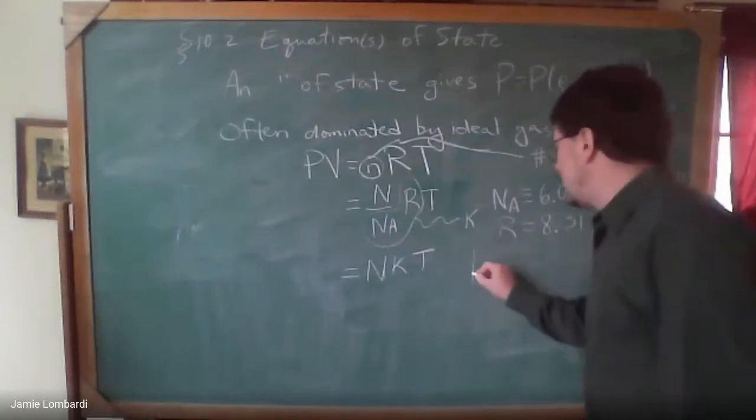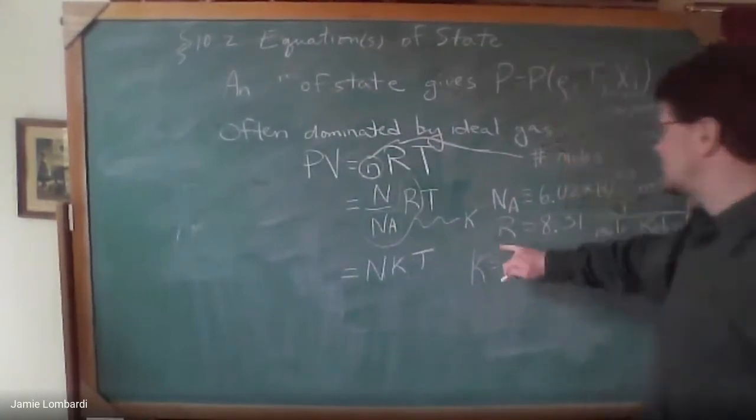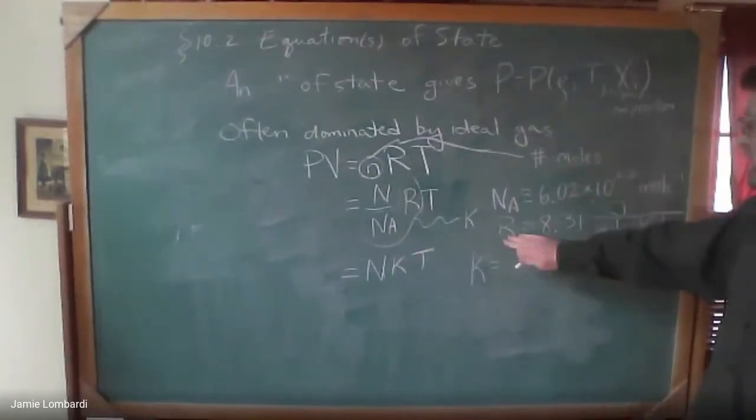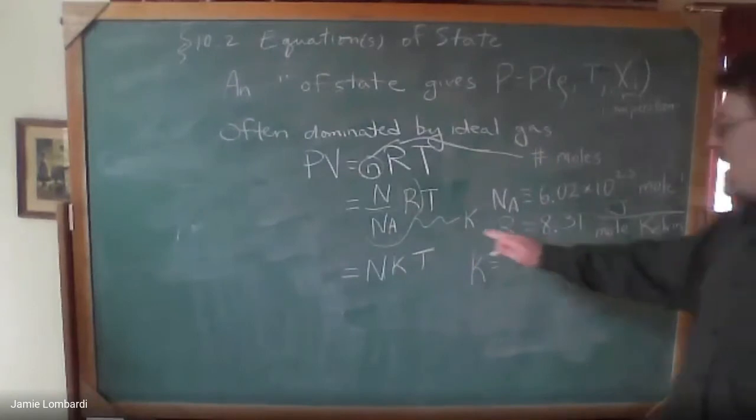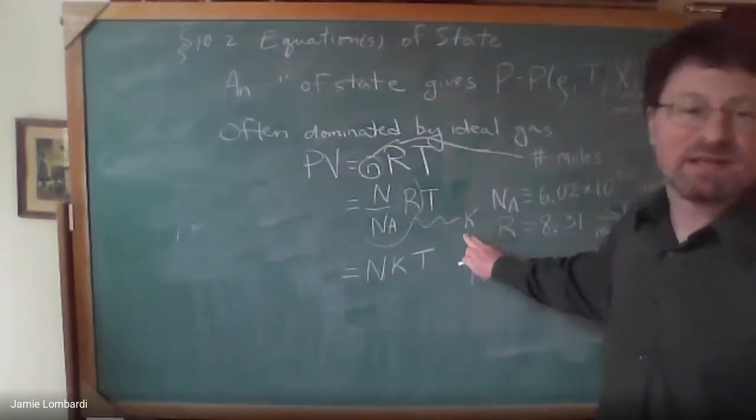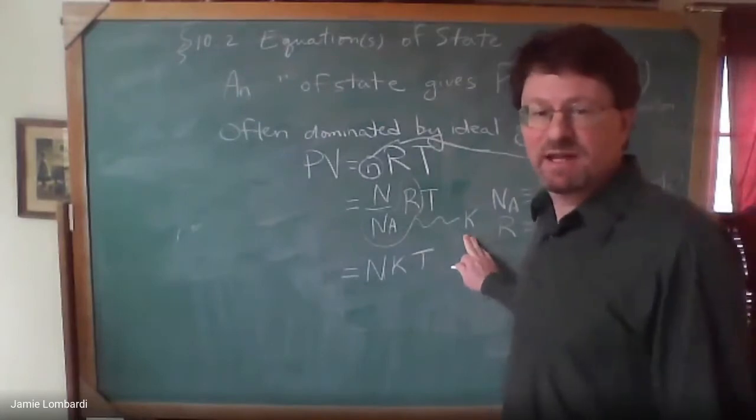The point here is that you've probably, at some point in your life, if you had a chemistry course, seen the gas constant before. And you probably have now, since you've taken physics classes, seen the Boltzmann constant before. You've seen it in this class.